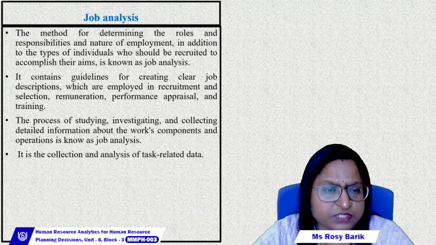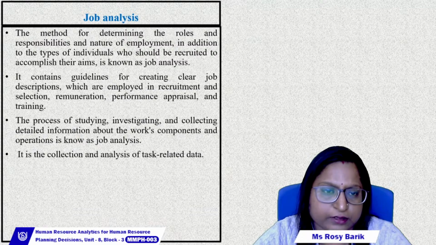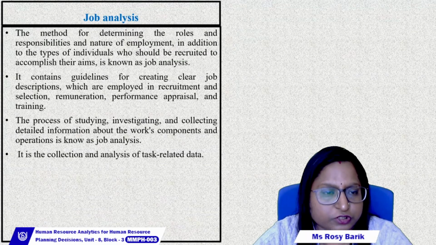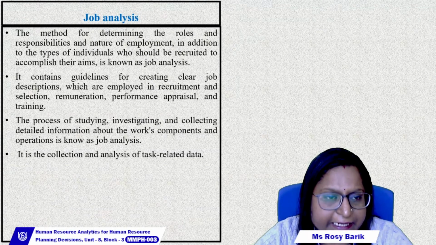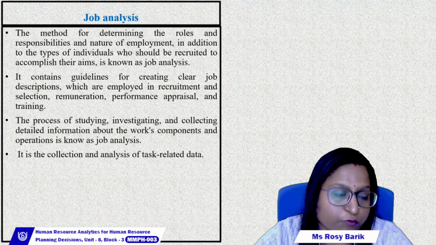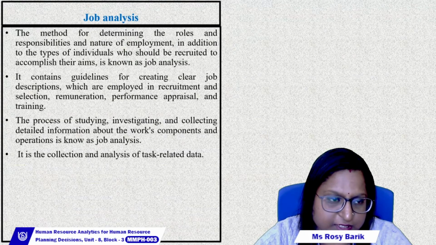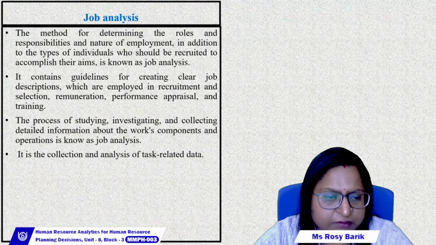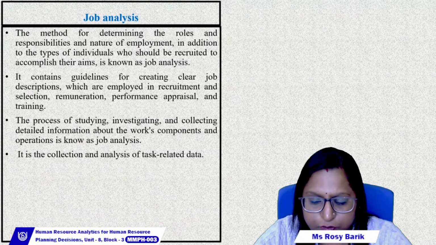The process of studying, investigating, and collecting detailed information about the work components and operations is known as job analysis. So it is the collection and analysis of task-related data.